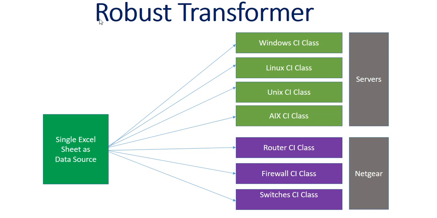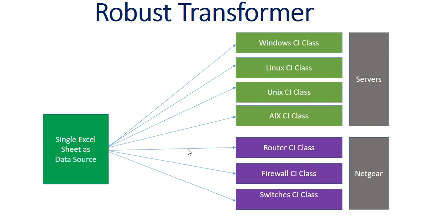So people usually transform data by using regular transform maps. But in this case, if you had to use transform maps to load one single sheet for different classes, we would need to do one process at a time.